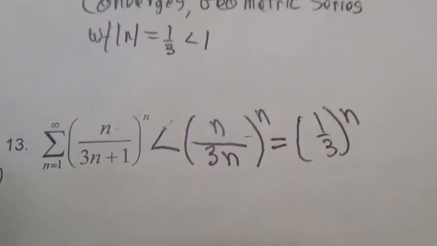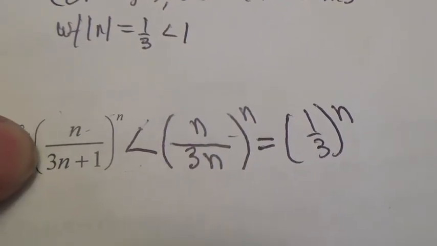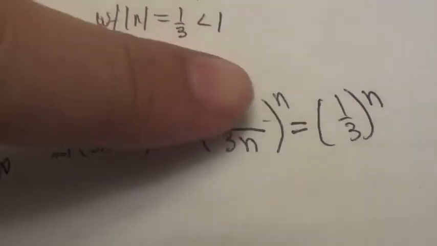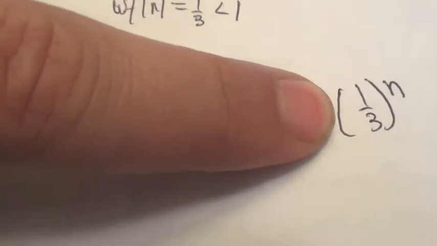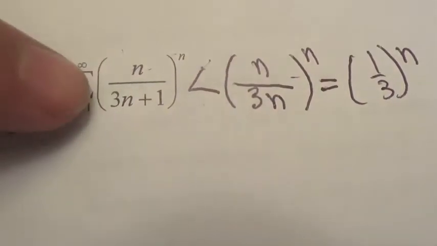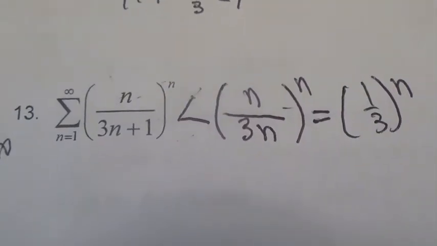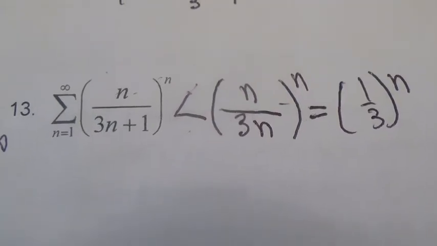So what we have basically now shown is that the series we were concerned about, this guy, is less than this series here, because these two were equivalent to each other. And then we know that this is a convergent geometric series. So we've just shown that our series is less than a convergent geometric series. Because of that, by the comparison test, this would converge, and that's what we then put down. So you're going to put this converges.